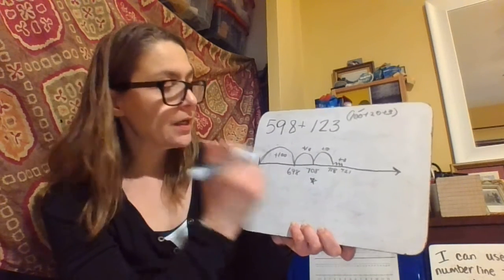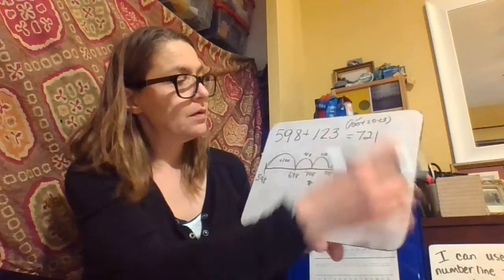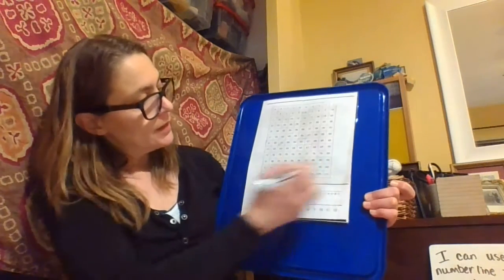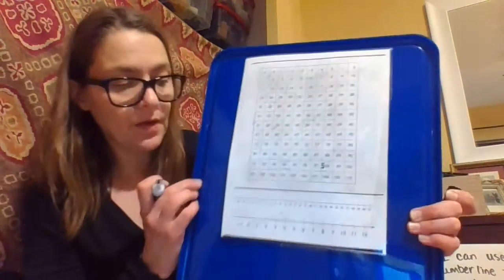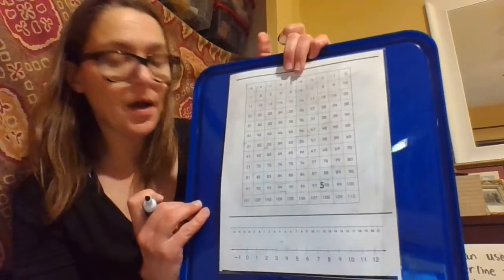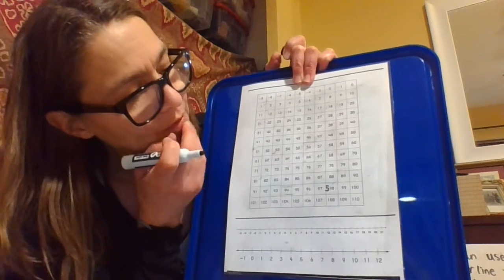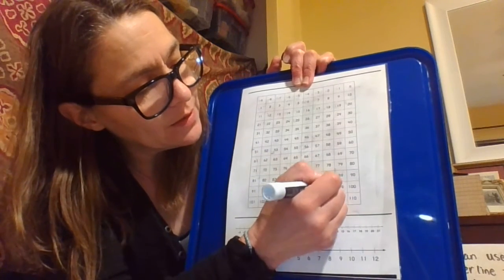Okay, and I can double check my work by finding 98 and putting a 5 there on the hundreds grid, and I'm going up. I'm increasing by 123. So if I increase 100, it becomes 698.